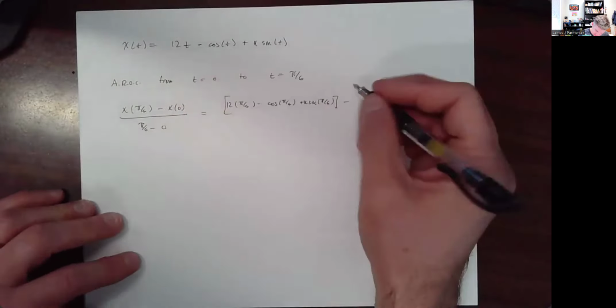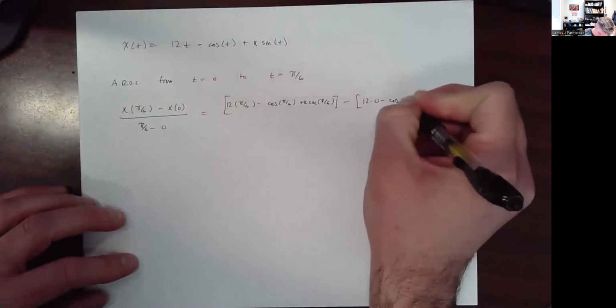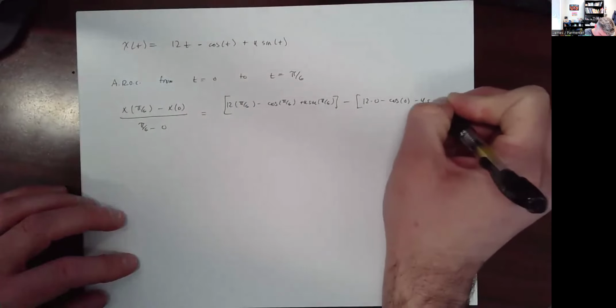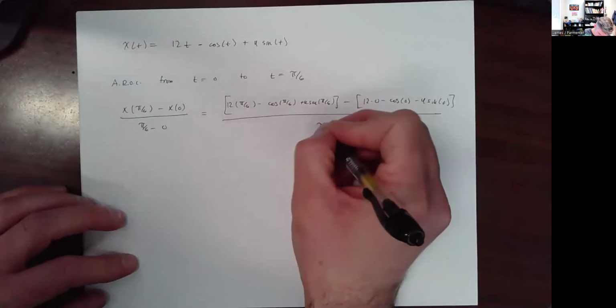And x of 0 is going to be 12 times 0 minus cosine of 0 minus 4 sine of 0, all over pi over 6.